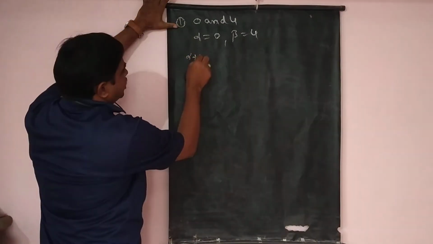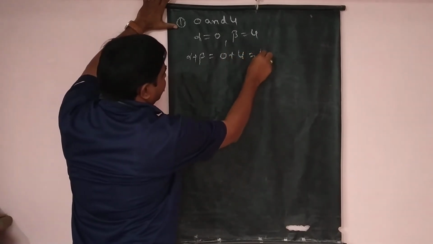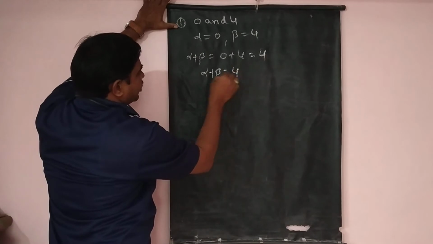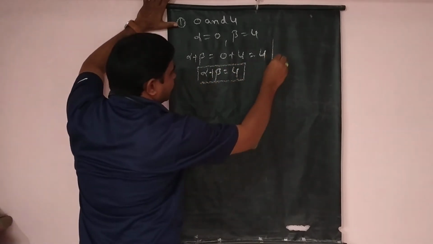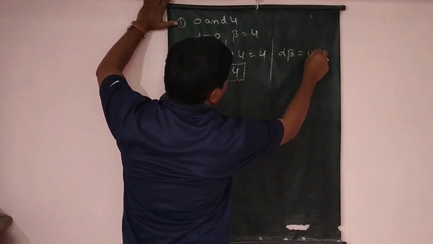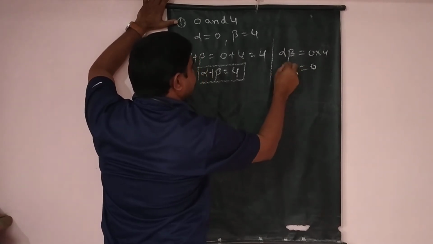Alpha plus beta is equal to 0 plus 4, which is 4. Alpha plus beta, you got 4 here. Now find alpha into beta value. Alpha into beta is 0 into 4, which is 0.